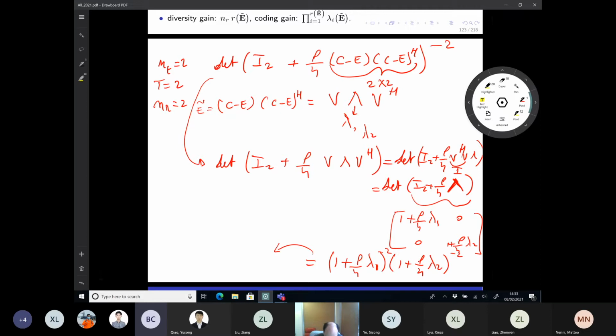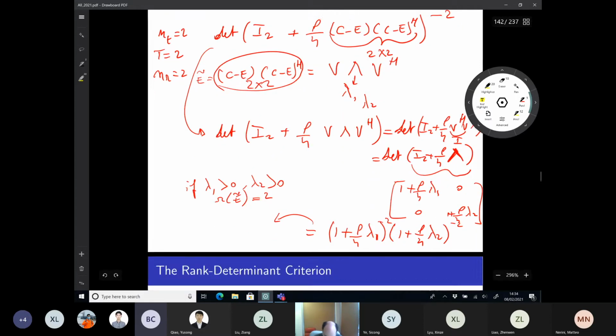If lambda 1 is strictly larger than 0 and lambda 2 is strictly larger than 0, in other words, that means the rank of this is equal to 2. I have two non-zero eigenvalues, and because this is a 2 by 2 matrix, the rank is at most equal to 2.